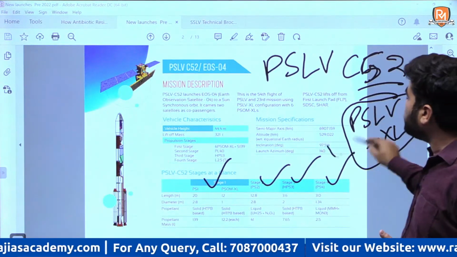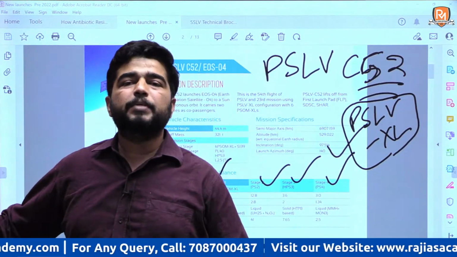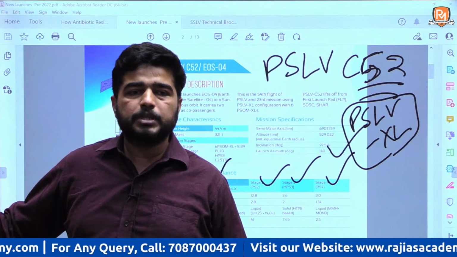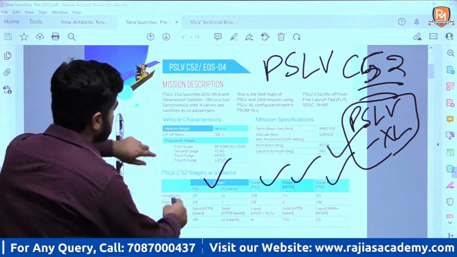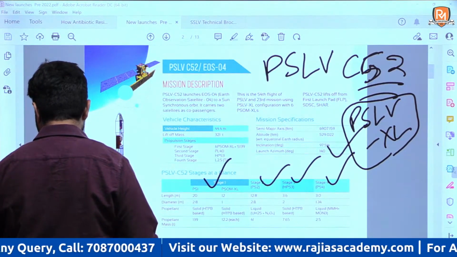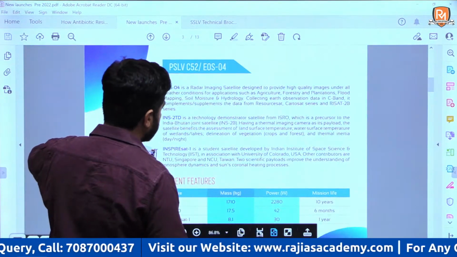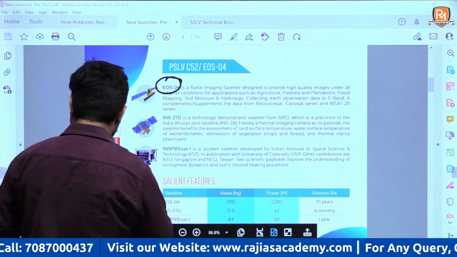This is one of the powerful variants of PSLV which can launch higher payloads into satellite orbits. So this mission was about launching the EOS4 satellite.